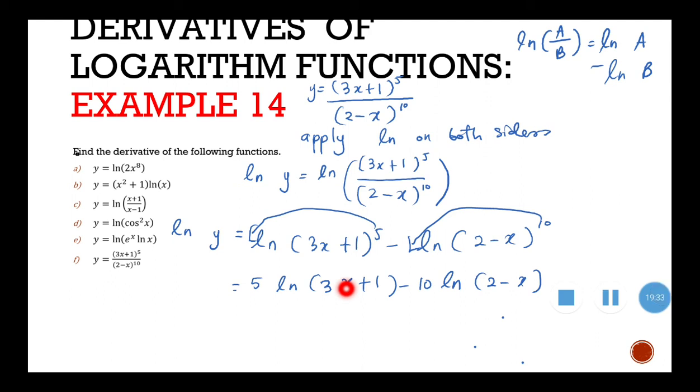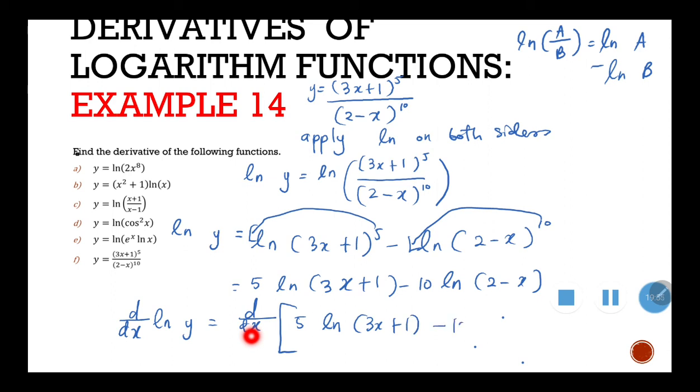Now we want to do d/dx of everything. So d/dx of ln y equals d/dx of 5 ln (3x plus 1) minus 10 ln (2 minus x).